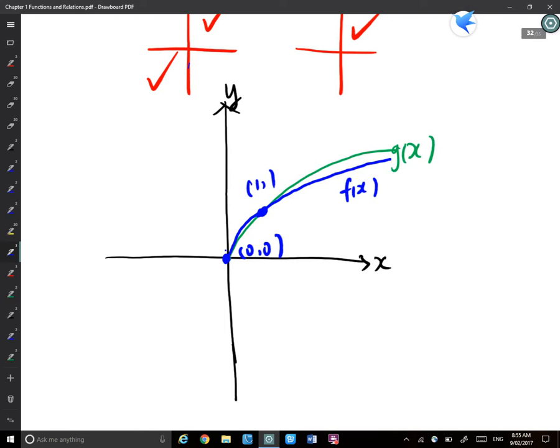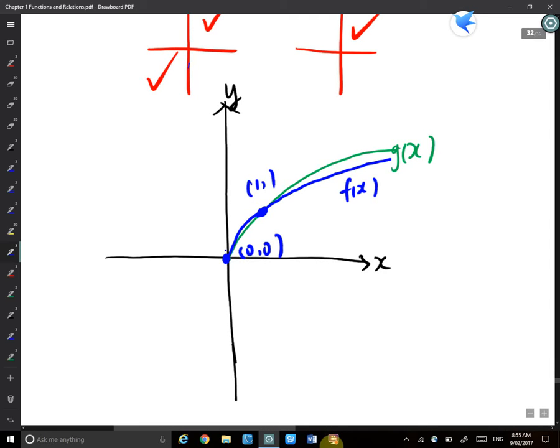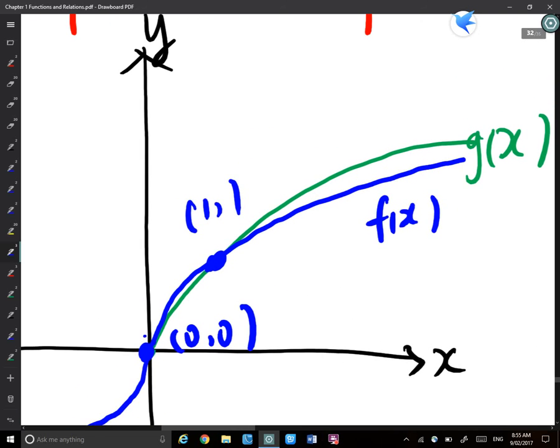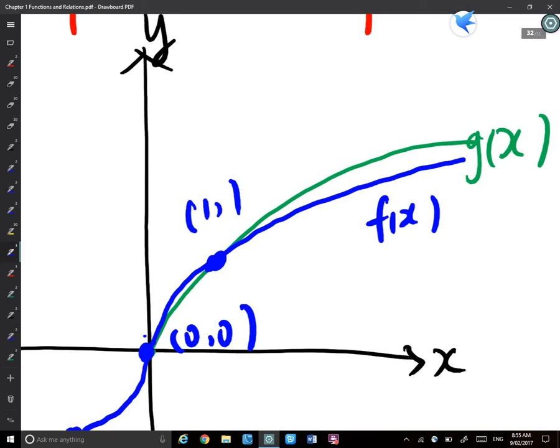And now we have another half of this graph. You need to show it's quite symmetrical, and also have the point (-1, -1) here. Okay, and that's my graph. Look at what the green graph and the blue graph do: the blue is above green first, and then the green is above the blue later.